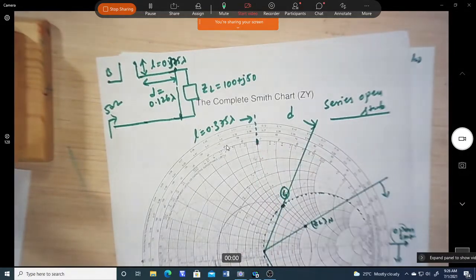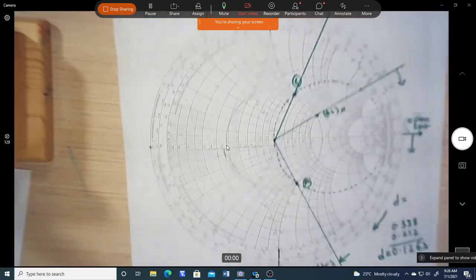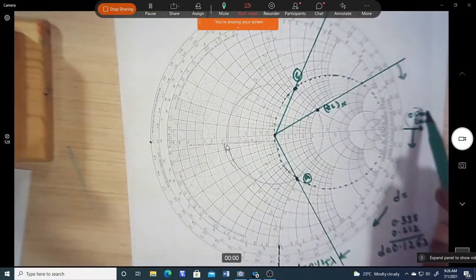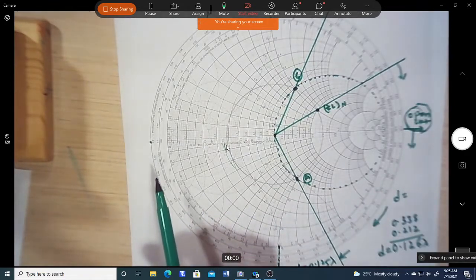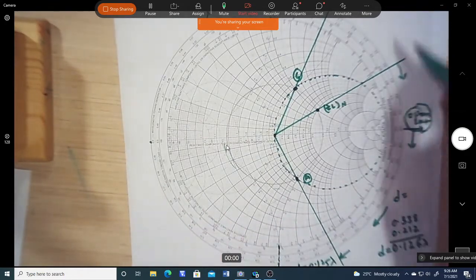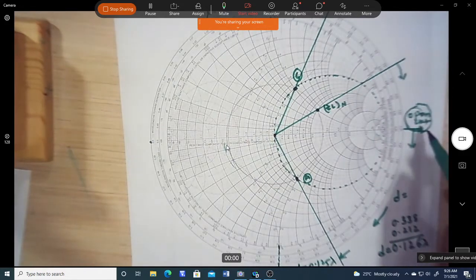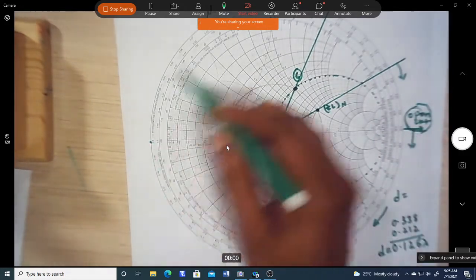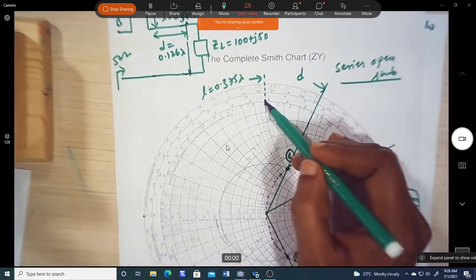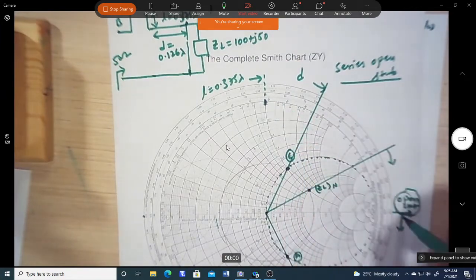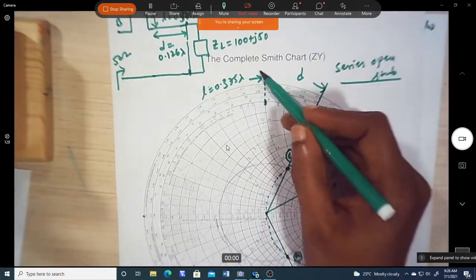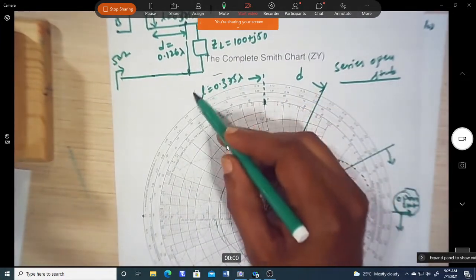Whenever we are moving the distance, you need to move towards the generator. Whenever you are finding the length, you have to find out whether you need to use an open circuit stub or a short circuit stub. So now we need to use an open circuit stub. So from the open circuit point, move till the value of J1. So now this is the plus J1 which is there. Now from this point to this point, if you measure the value, that is the length of the stub.